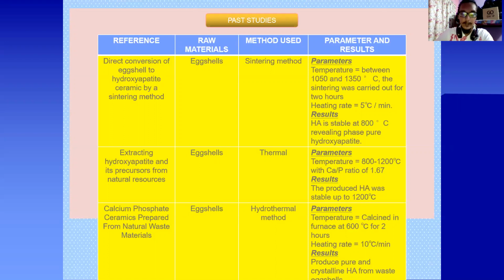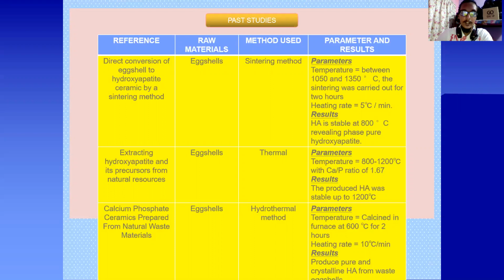The second reference is extracting hydroxyapatite and its precursor from natural resources. The method used is the thermal method. The temperature is between 800 and 1200 Celsius with a Ca/P ratio of 1.67. The result is hydroxyapatite which is stable up to 1200 Celsius.